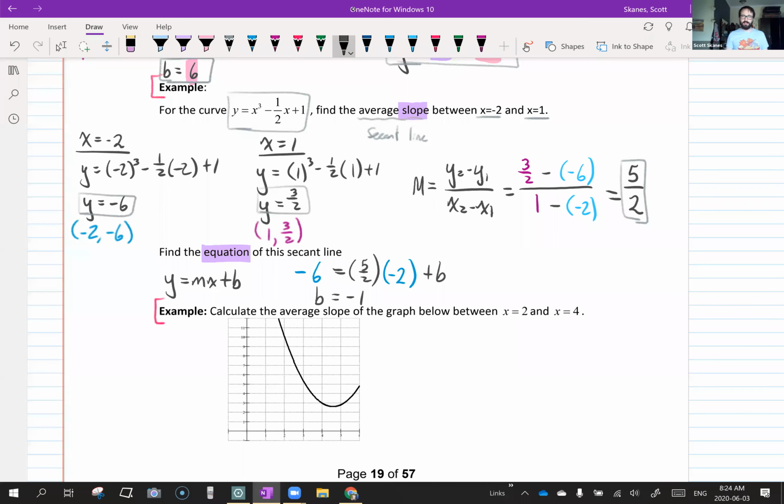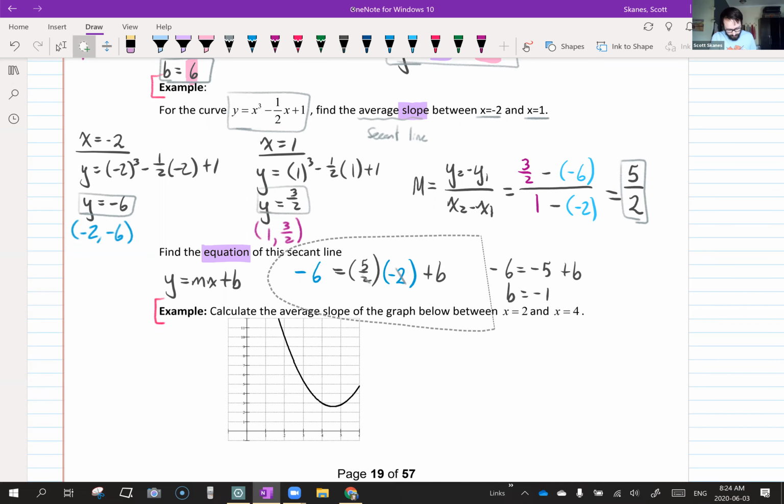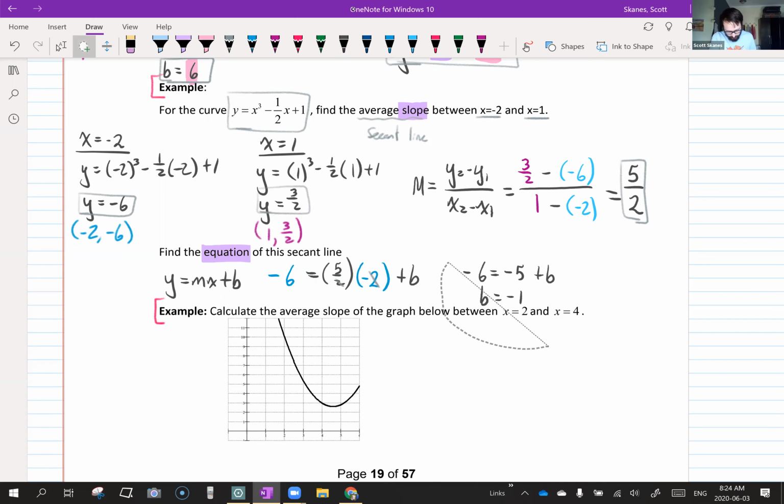You can try that yourself, okay? Actually, I might as well be nice. Let me move it over. This cancels, becomes -5. Bring it to the other side. b equals -1. I just need to give myself space. I don't know who made this book, but clearly they didn't think ahead. So it was just spacing.